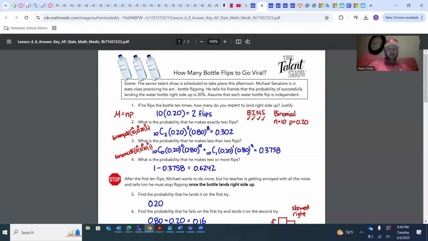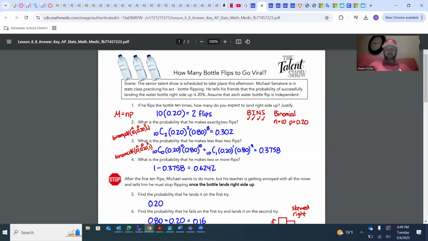The number of trials is fixed at 10. Out of 10 times, how many do I expect? Well, if it's 20% for one of them, multiply that times 10. We learned the expected value, or the mean, for binomial is the number of trials times the probability. No big deal.